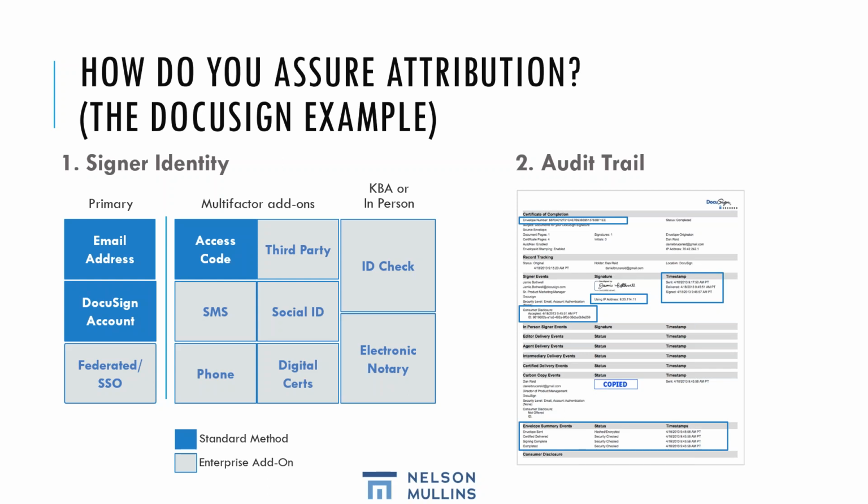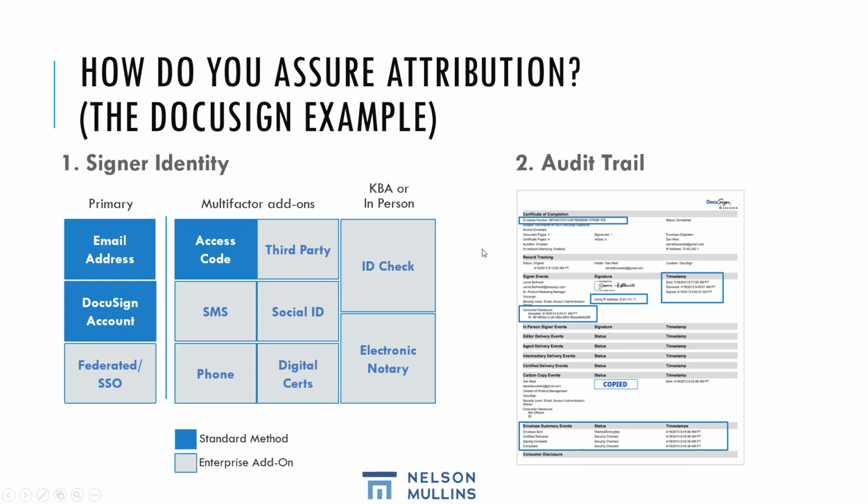Probably the easiest for existing customers is to either use the shared access code or to use SMS, meaning the bank sends a message using the cell phone number of the customer, and then the bank or credit union requires that customer to then use that cell phone to log in to DocuSign to do the electronic signing. There's also a way to do that by phone where they actually call and give you a code you put in. Some of you guys may be familiar with that.